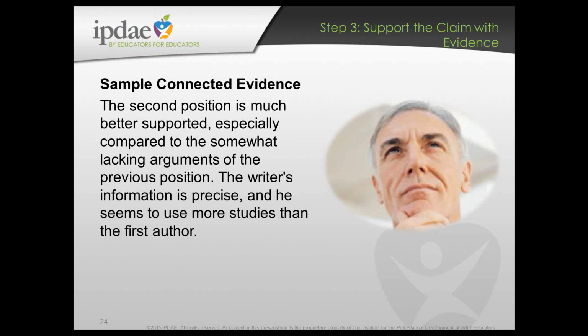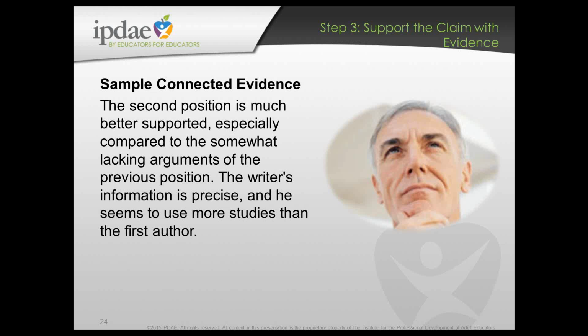It says, "The second position is much better supported, especially compared to the somewhat lacking arguments of the previous position. The writer's information is precise, and he seems to use more studies than the first author." This would be an example of authentic text. None of these words are in the writing sample.